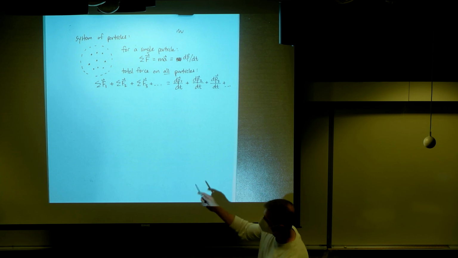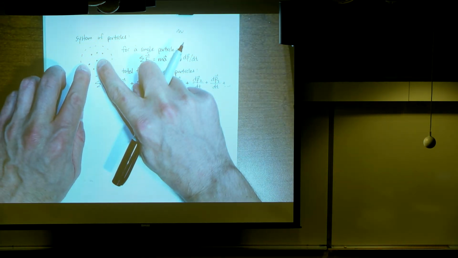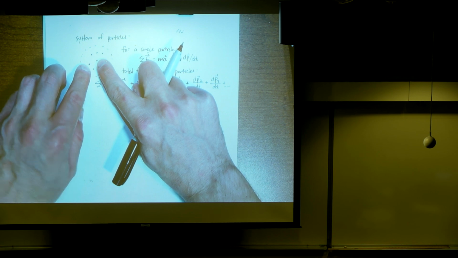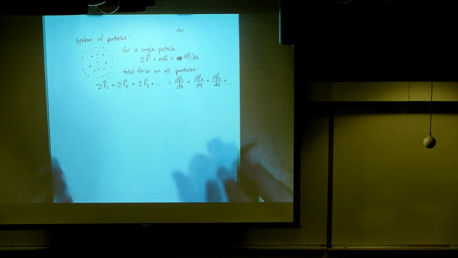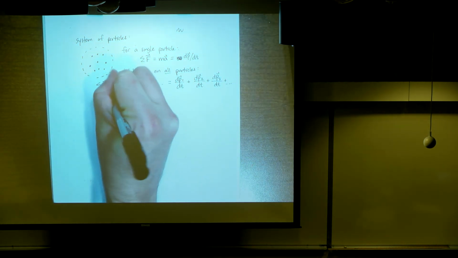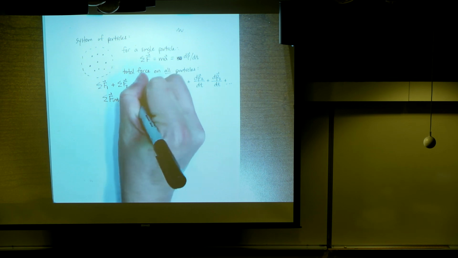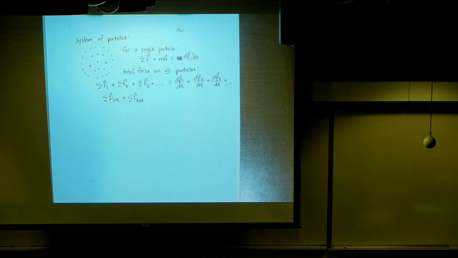An internal force would be a force between two particles within my system. Okay, and then an external force would be something that's coming from the outside. So if I add up all my internal forces, and then I add up all my external forces, that will include everything, right?